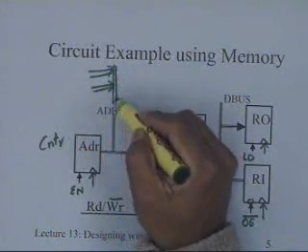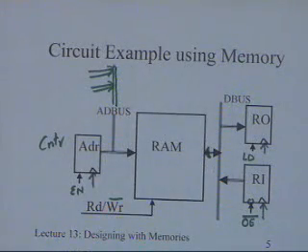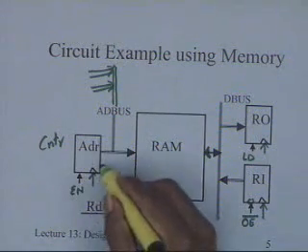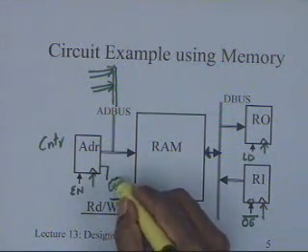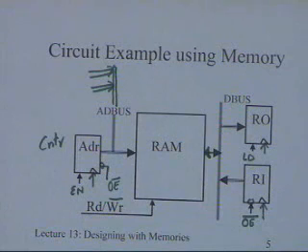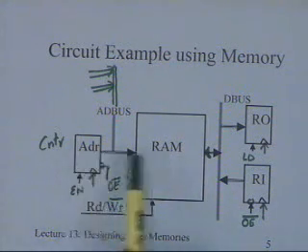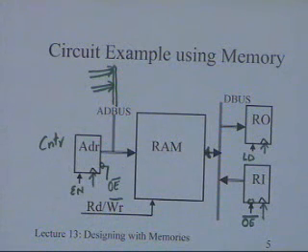My address can come not just from one source, but from many sources. It doesn't matter. But at any given time, I should enable only one of them. So if you have multiple sources, then you should have an output enable bar to enable this. If you have only one source, it doesn't matter, because that particular address will anyway come to this RAM.